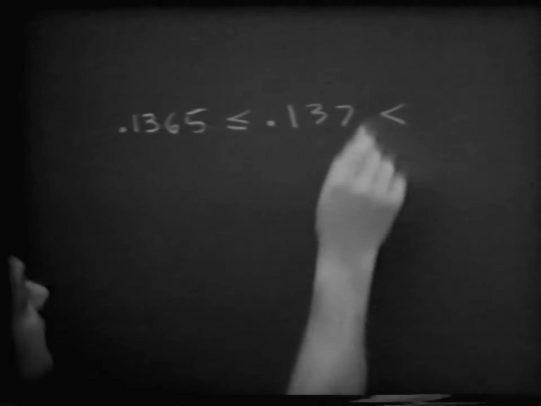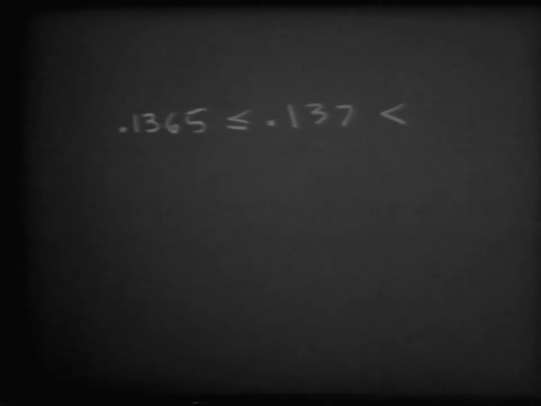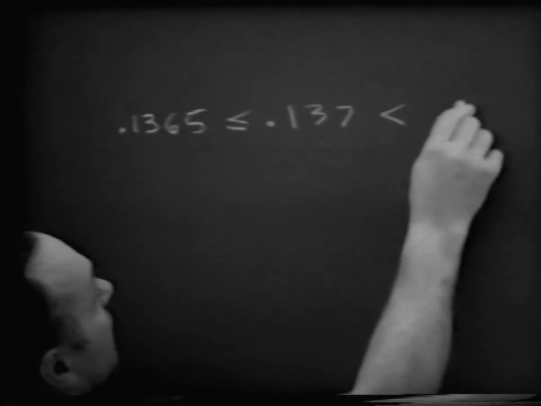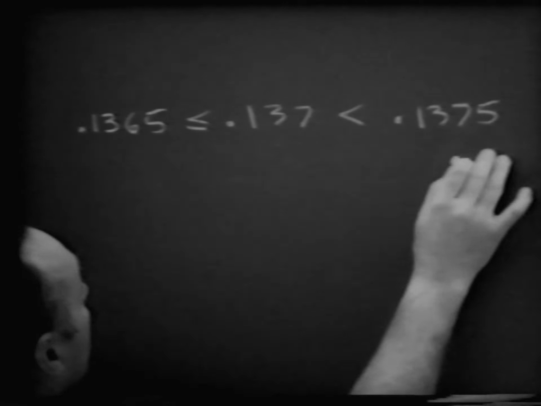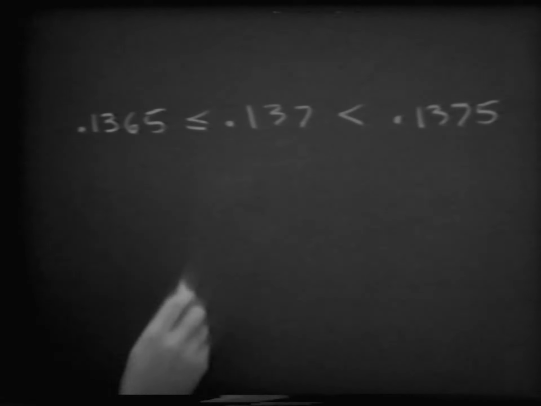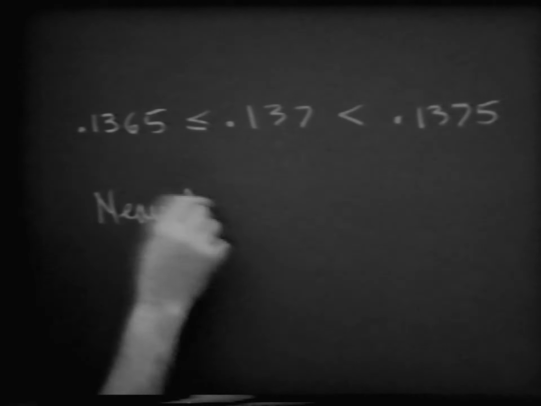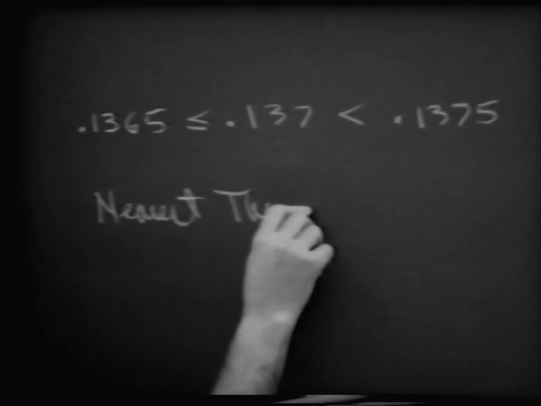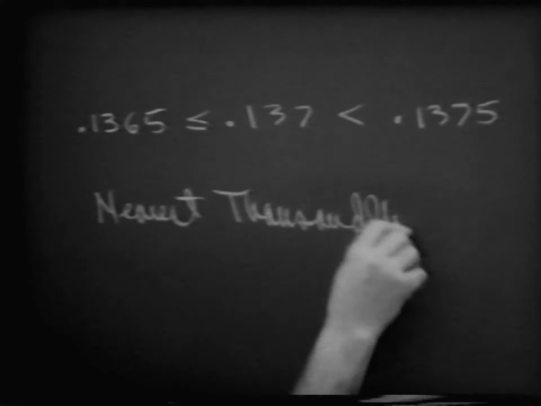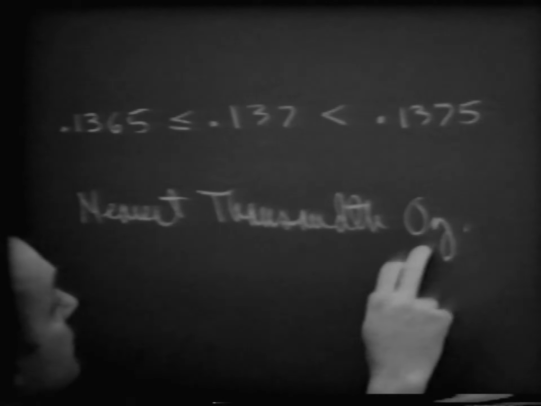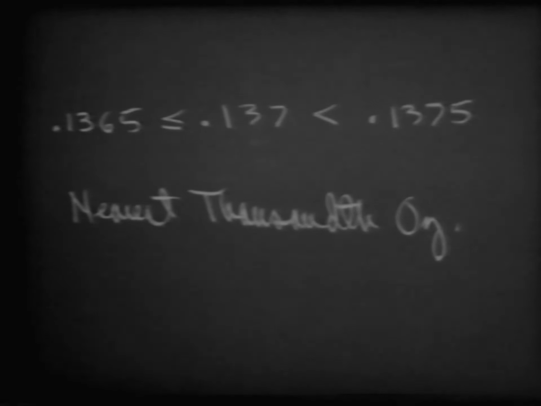And then it must also be less than what number? 0.1375. So this measure is to the nearest thousandth of an ounce. Let's use the unit of measure of an ounce.